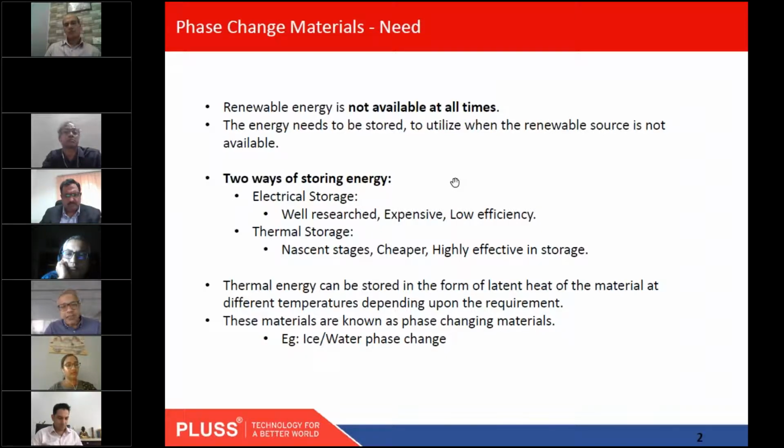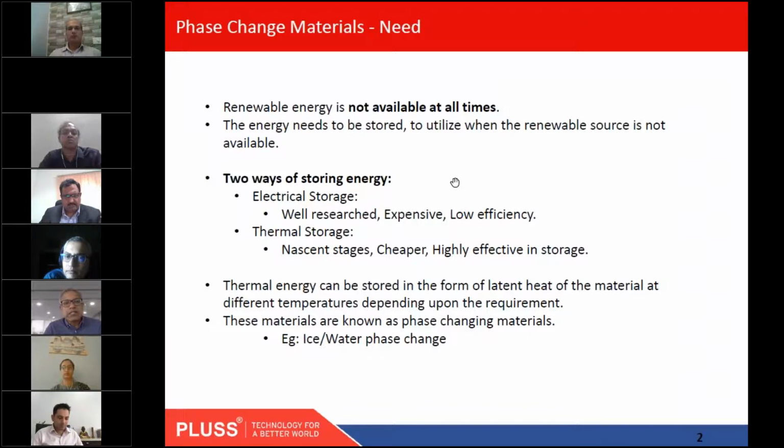That is well researched, it's expensive, and the efficiencies are low because you have multiple heat exchanges that happen. Thermal storage is a very old science, but is now being used for all the new applications being developed around it. It's very efficient in storage because you're storing heat as heat, or you're storing extra cold that you have at night as cold.